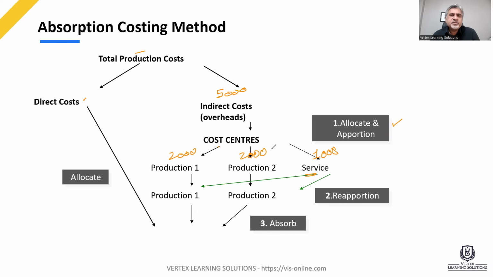Then you have the warehouse, which is also not a production department, but it is a service department because it provides service to the production department. And then you have maybe repair and maintenance, the department which maintains the equipment. So service departments exist within the production facility. So my production overheads are 5,000. I divide them 2,000, 2,000, and 1,000.